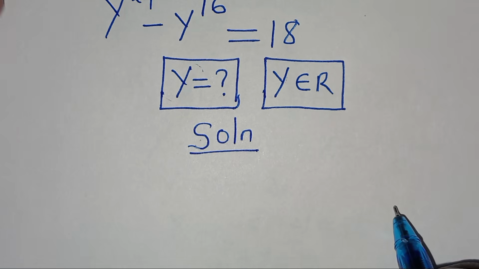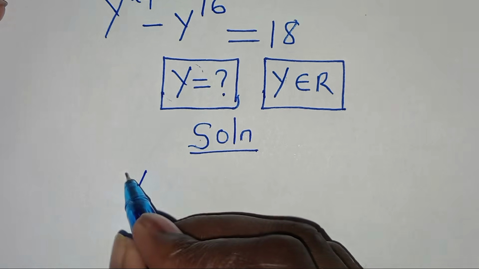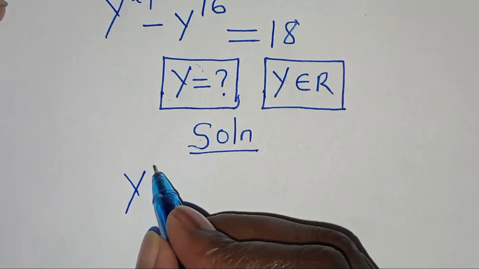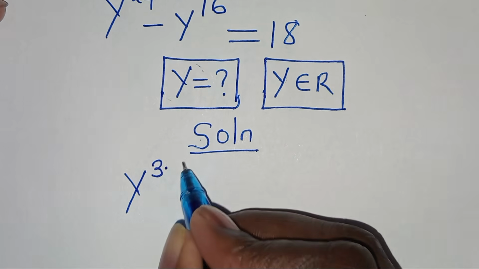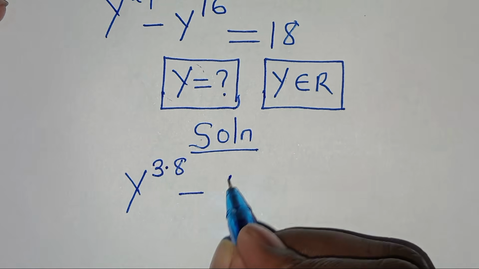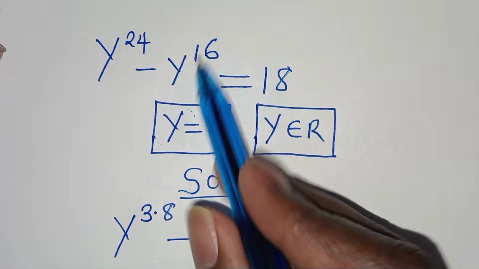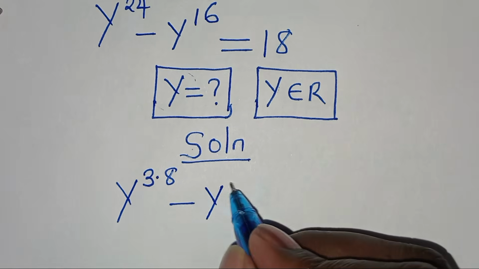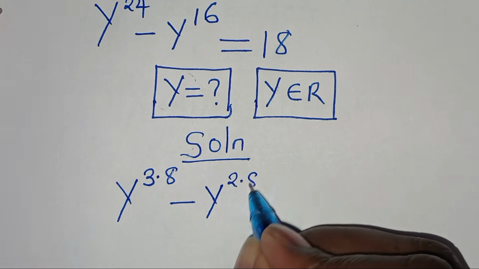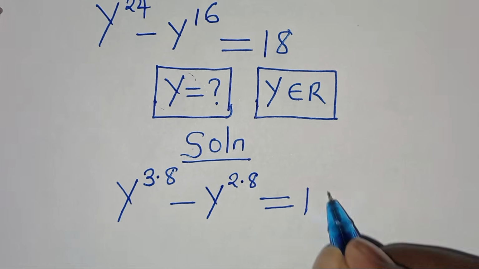The first step is that we can express y to the power of 24 as y raised to the power of 3 times 8, minus y to the power of 16, which we can express as y to the power of 2 times 8. This is equal to 18.